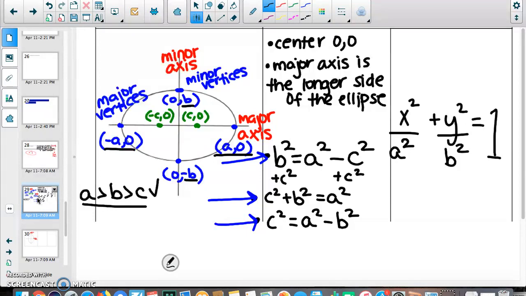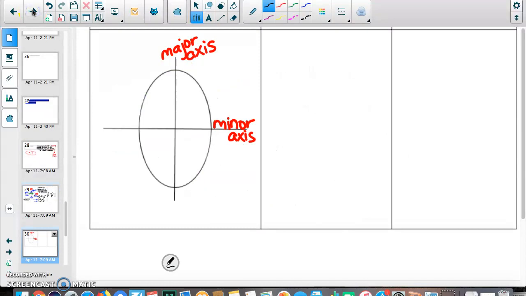Cool. Let's see how this looks in our second one now. So this one's a little bit different, right? Our minor axis is on the x-axis. So that would mean that this is now my b, and this is now my A. And then my foci are always on the major axis.